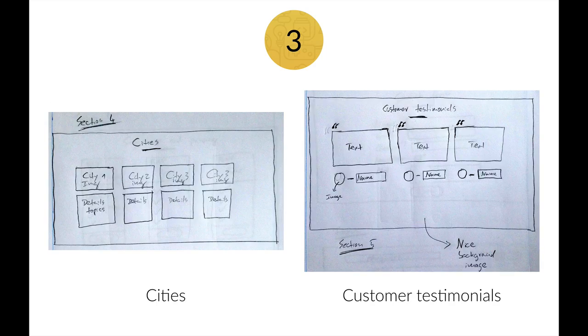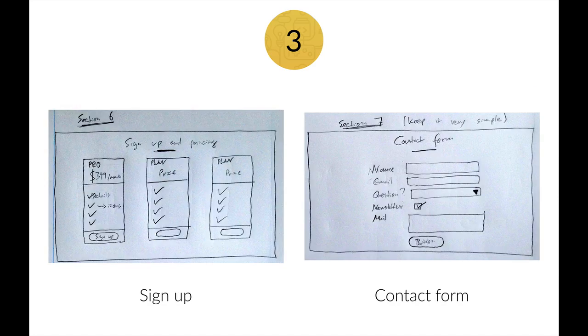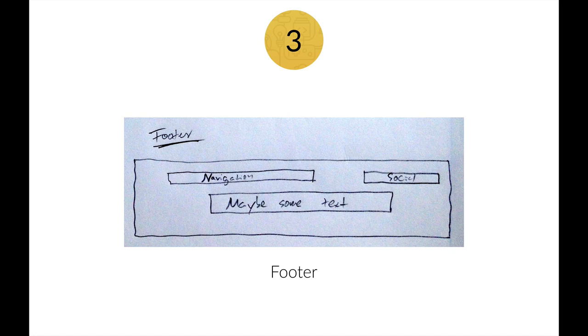And as I said before, it really doesn't matter if your sketches look good or bad. We just want to get an idea of what we want to build. So these different sections I sketched here follow exactly the content OmniFood gave us. You can take a look at the document and compare it with the sketches I show you here. As we design each of these 9 sections, I will show you my sketches with greater detail.